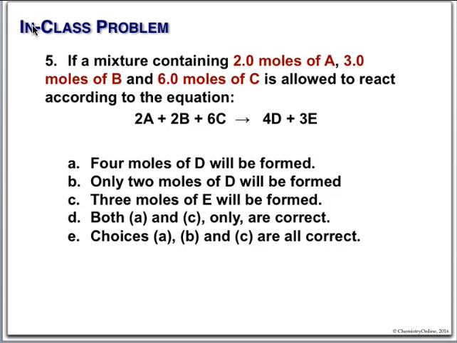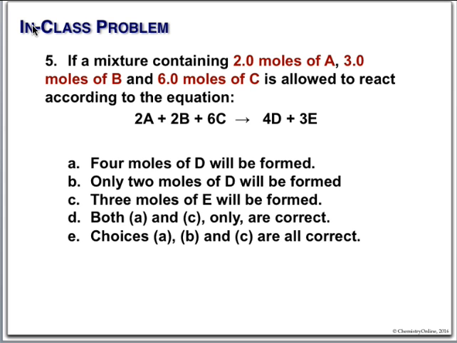All right, here we have an abstract sort of reaction. It takes 2 A's, 2 B's, and 6 C's to make 4 D's and 3 E's. Okay? Now, I tell you that you have 2 moles of A. We have 3 moles of B and 6 moles of C. What are we going to get?